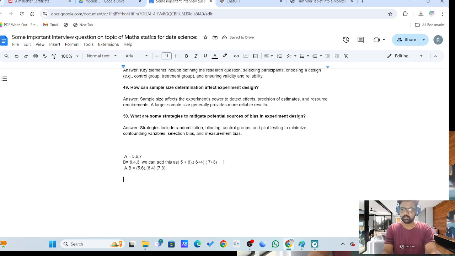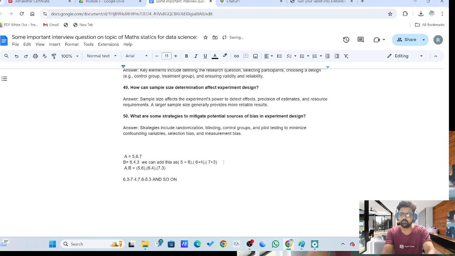The cross product is 6 into 3 minus 7 into 4, comma, 7 into 7 minus 5 into 3, comma, 5 into 4 minus 6 into 7, and so on.